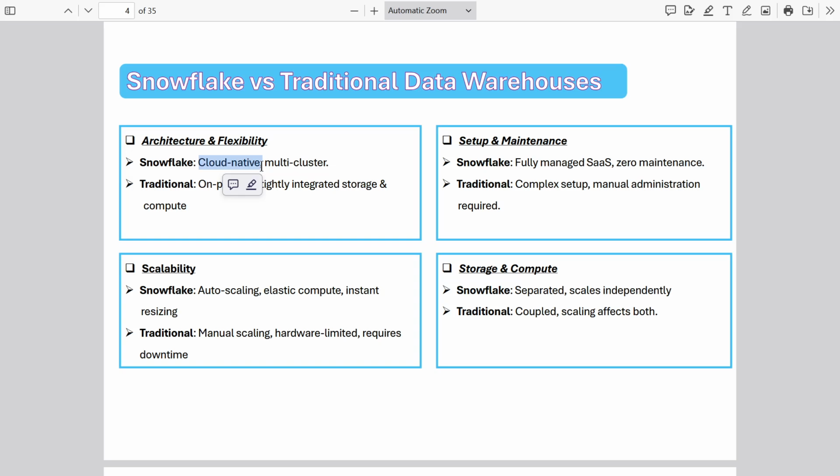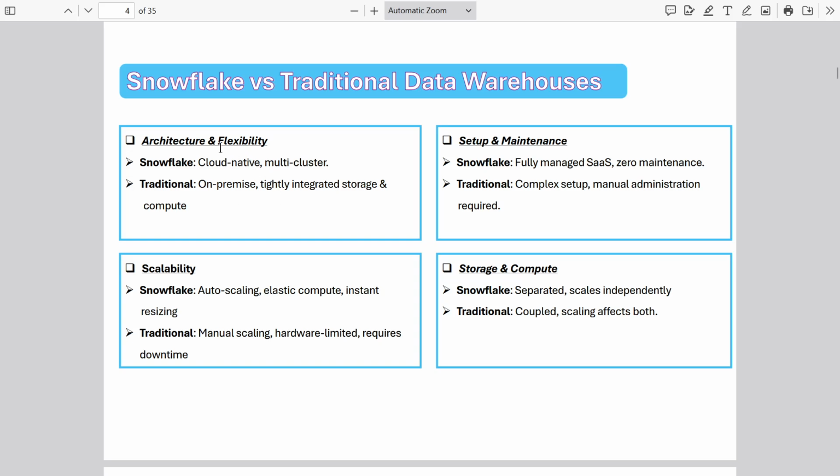We don't need to download any package or install any updates. Everything will be automatically done by the company itself, and that will be reflected on the cloud platform. So it is cloud native and multi-cluster. But traditional databases are on-premises, tightly integrated as storage and compute, because it happened only on the local system. So it is limited. Storage was also limited, and all the things were very much saturated.